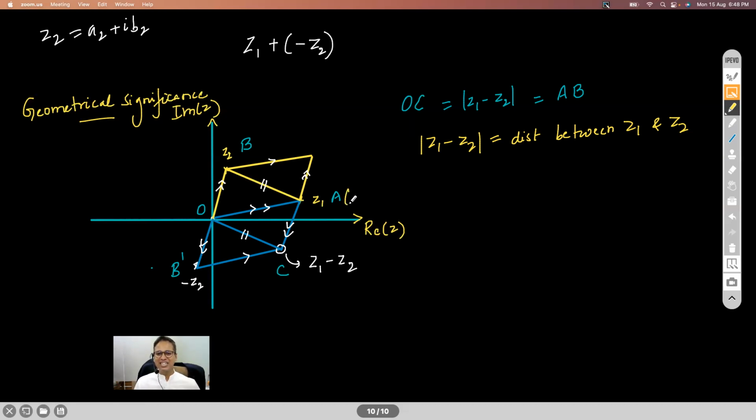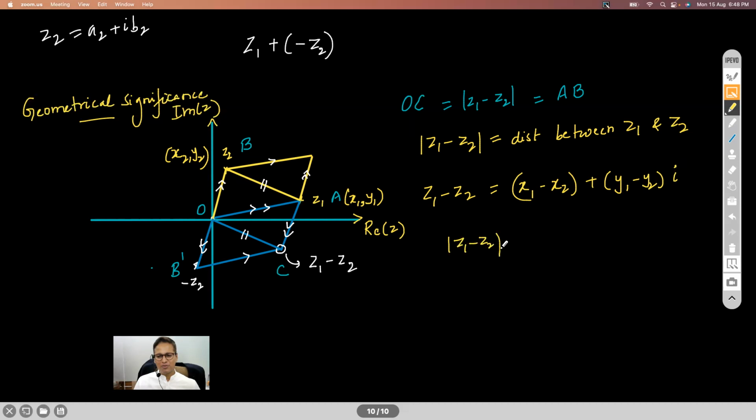Now something related to your coordinate geometry here. So let me add a flavor of coordinate geometry to this. If I ask you what's Z1 minus Z2 as per this point given to you, what will you say? You'll say, sir, X1 minus X2 plus Y1 minus Y2 i. Correct? And if I say a modulus of that, what will you do?